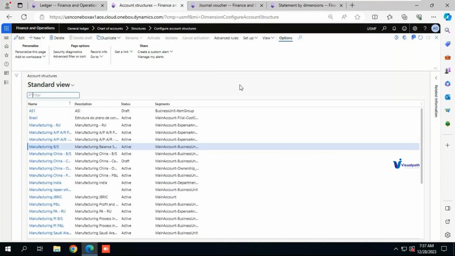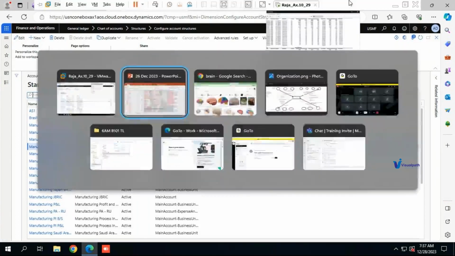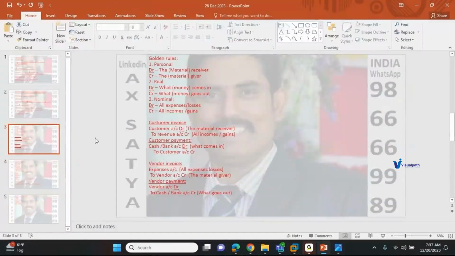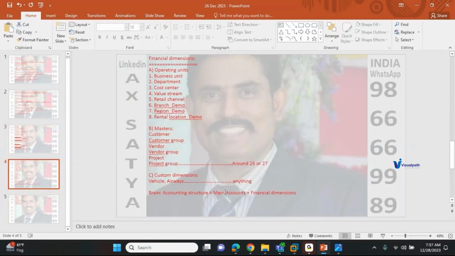If you want to become a finance functional consultant, these two parts are important. One is applying golden rules for vendor invoice, vendor payment, customer invoice, customer payment. And the second thing is this. These are the main content each and every finance consultant should learn perfectly.